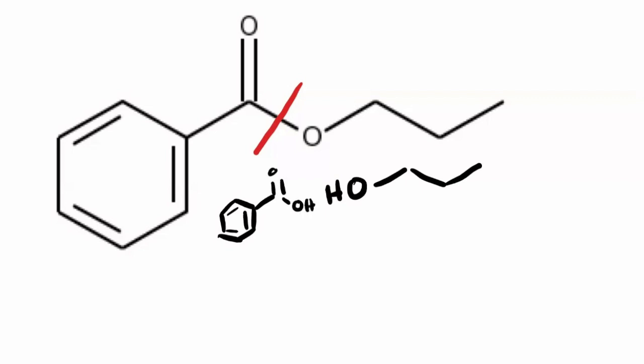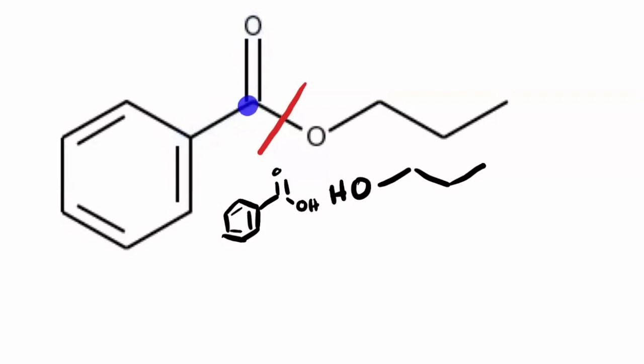Because remember, as I just illustrated, this C double bond O with the rest of the molecule, when you connect this carbon to OH, that's your carboxylic acid. So now I proceed to name the two components that made that ester. The molecule on the left is benzoic acid. The molecule on the right is 1-propanol.